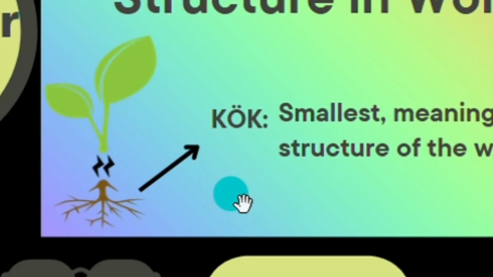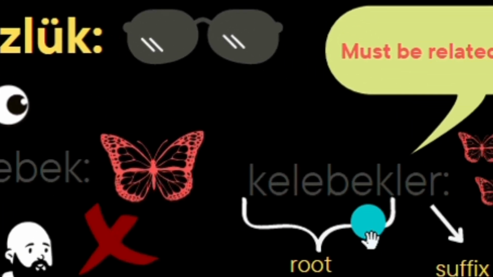Is göz, because göz means eye and eye is related to glasses because you put these glasses on your eyes, so it is related. There is a relation. So göz is our kök or our root. Okay.